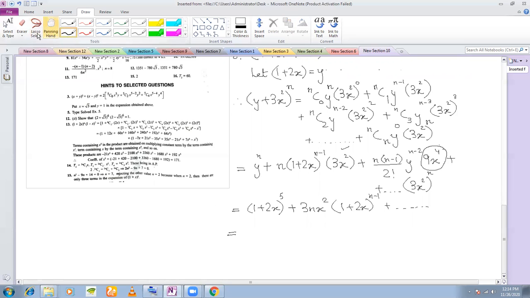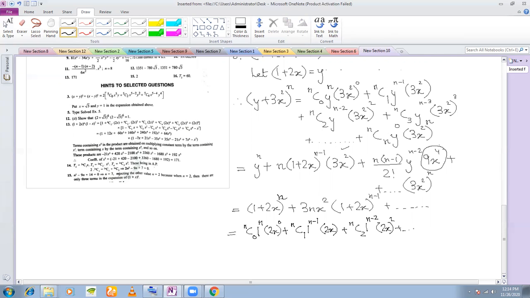This is 1 plus x to the power of n here, 1 plus 2x to the power of n. Now 1 plus 2x to the power of n, if you expand binomially, you will get nc0 1 to the power of n into 2x to the power of 0 plus nc1 1 to the power of n minus 1 into 2x plus nc2 1 to the power of n minus 2 into 2x square.